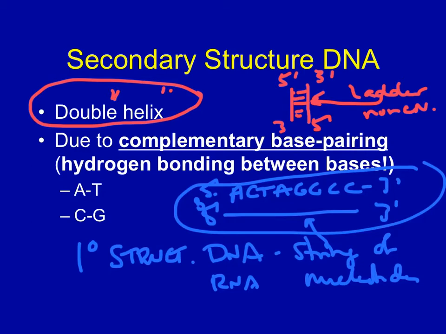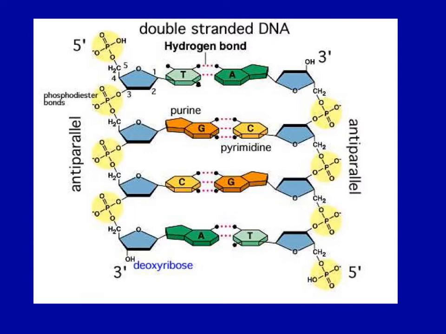You should know that A pairs with T in hydrogen bonding, and C pairs with G. Now in RNA, that means that A pairs with U, and C still pairs with G. So the secondary structure of DNA is due to the two strands.